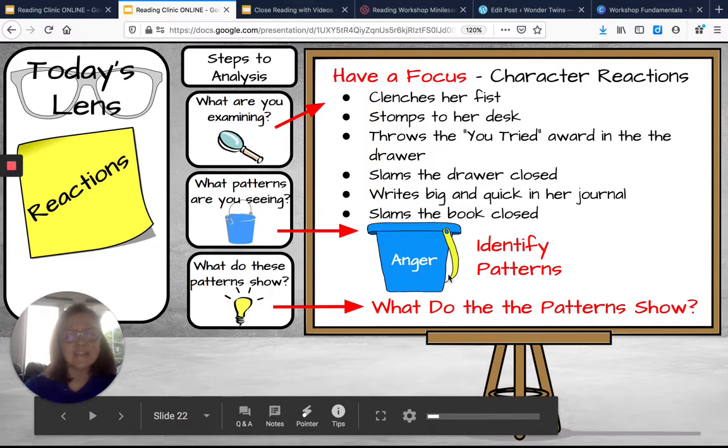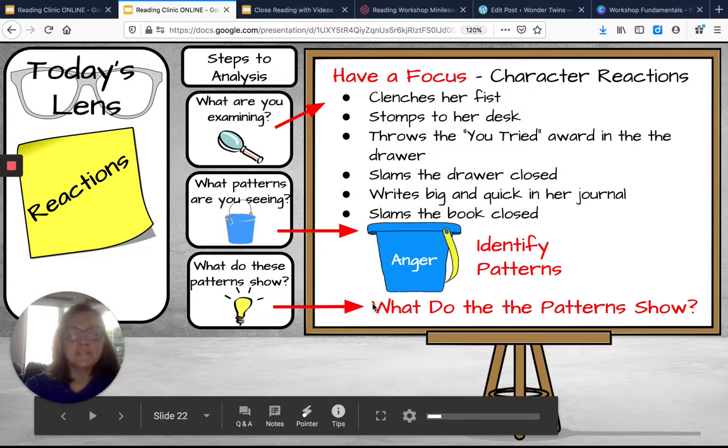So then I had to ask myself, what do the patterns show? And this is where I am seeing some struggling. I am seeing students who are having a focus like character reactions, who are paying attention and have lots of ideas, and coming to noticing a pattern, like I did with her reaction was a very angry reaction.